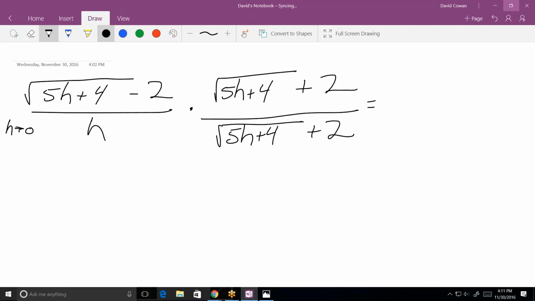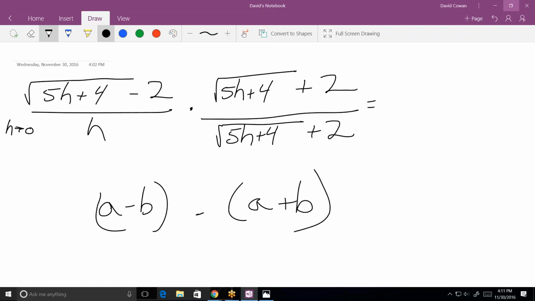When you multiply the top, what are you left with? Think of it as the difference of perfect squares. The left side is a minus b, and I'm going to multiply it by a plus b, right? And that's always going to give you a squared minus b squared.